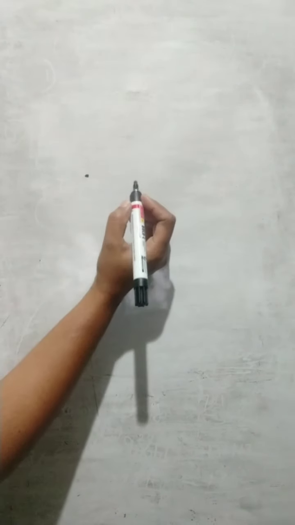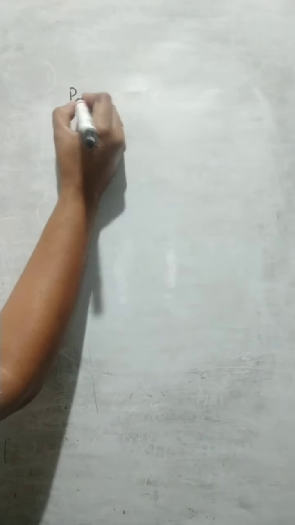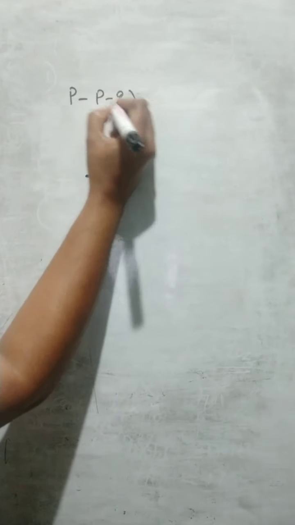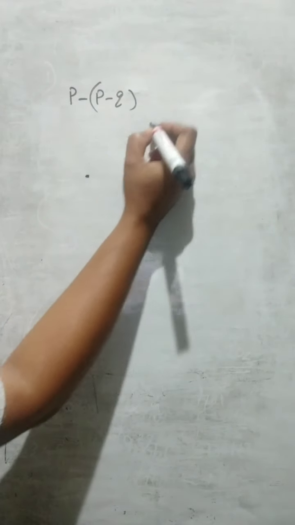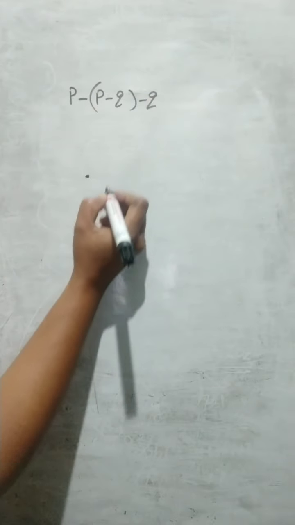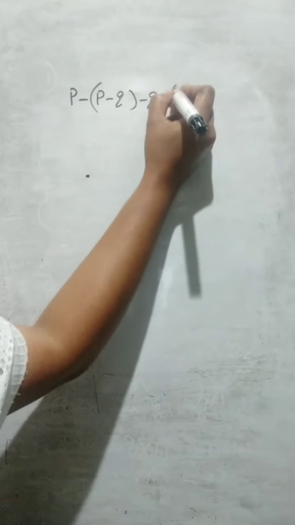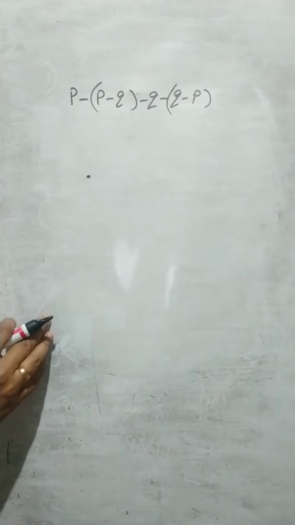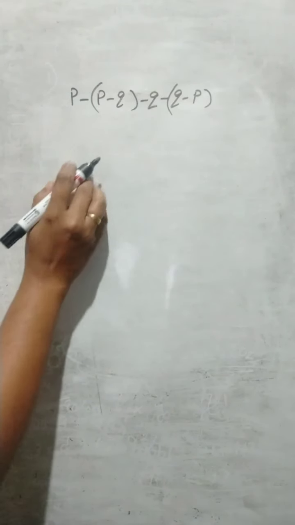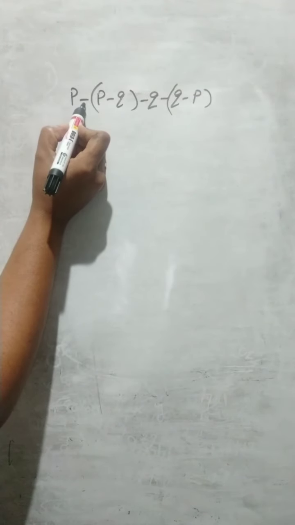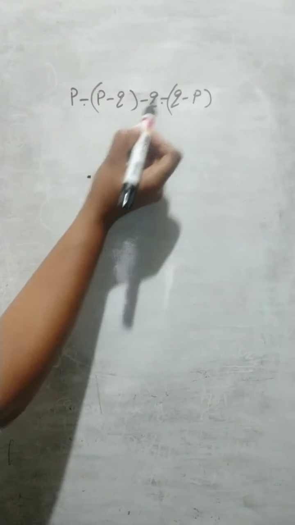Next question is P minus Q minus Q minus Q minus P. Here you can see the bracket. First we have to remove the bracket by multiplying by the symbol outside of the bracket.